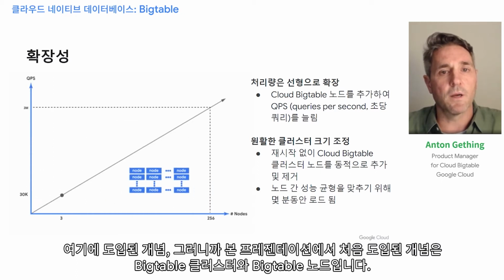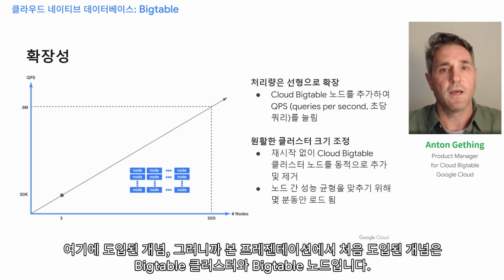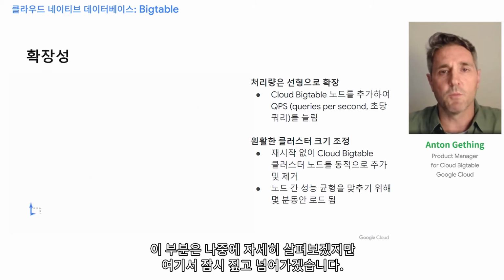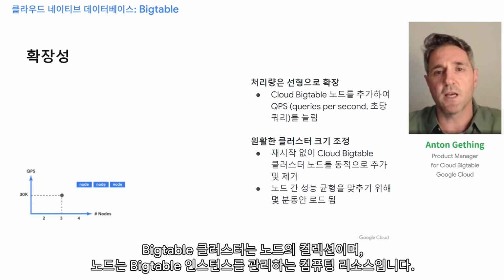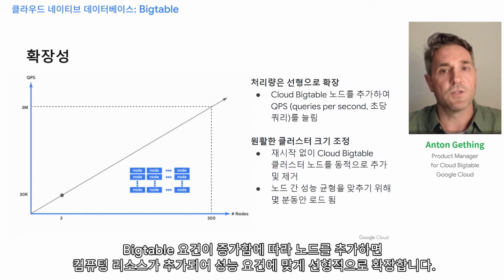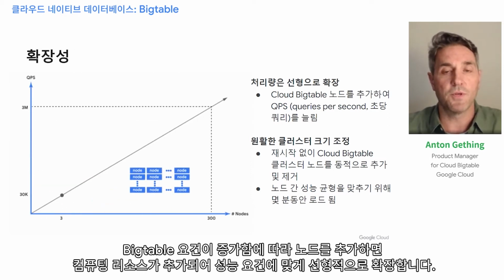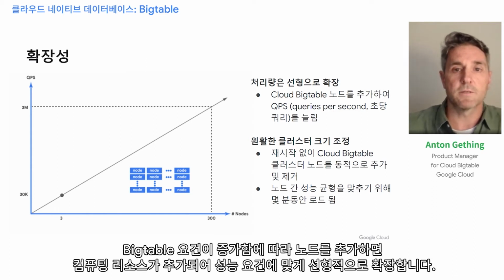A concept that was introduced first, I think, in this presentation, is a Bigtable cluster and Bigtable nodes. And we'll go into a little bit more detail, but just to mention here that a Bigtable cluster is a collection of nodes, and nodes are the compute resources that manage your Bigtable instance. And as your Bigtable requirements grow, adding additional nodes adds to your compute resource, linearly scaling with your performance needs.